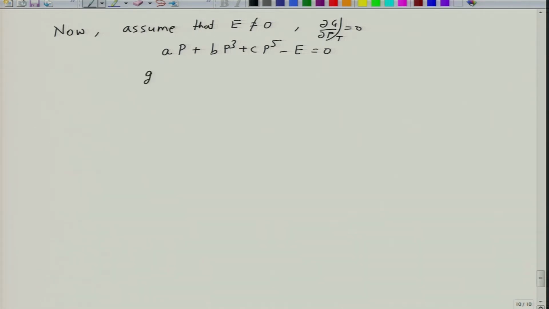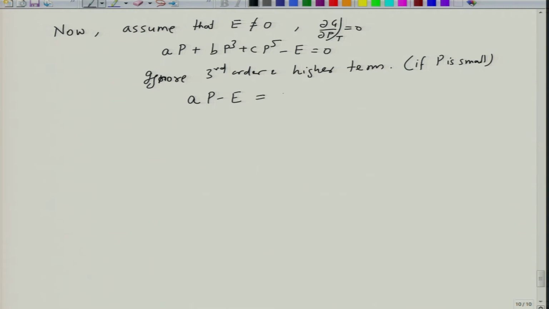Now, let us say we ignore third order and higher terms for a small polarization. Okay. Then we can write AP minus E is equal to 0, basically we are saying if P is small, right.